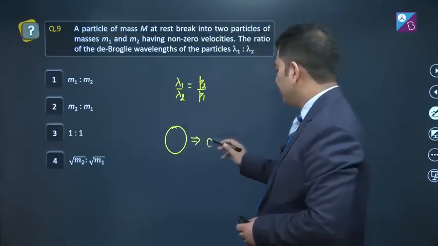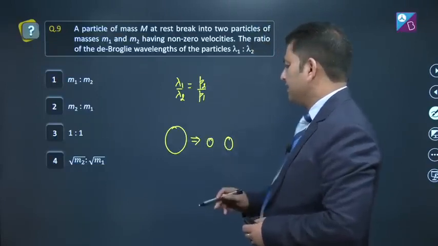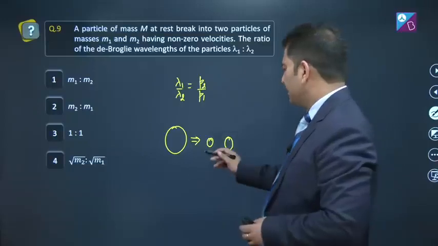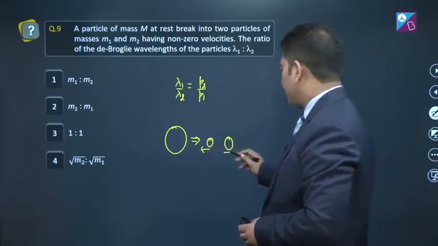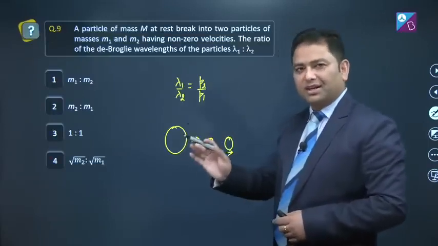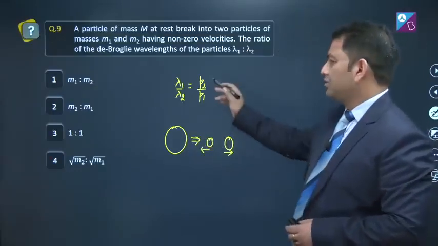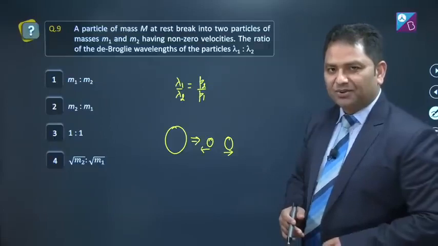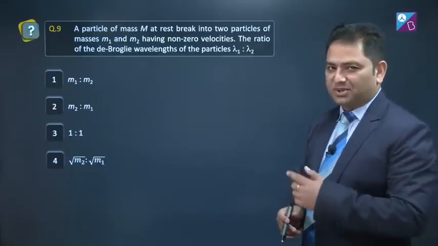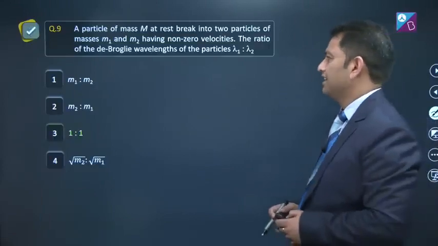It has been fragmented into unequal particles. But according to conservation of linear momentum, they will have equal and opposite momentum, because the initial momentum is 0. So that means P2 and P1 will have the same magnitude, so the ratio of de Broglie wavelengths will be 1:1, option number 3.